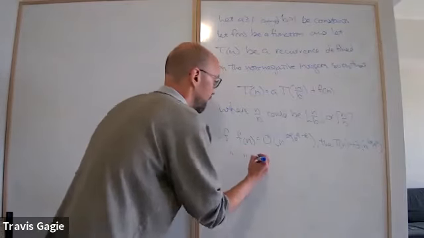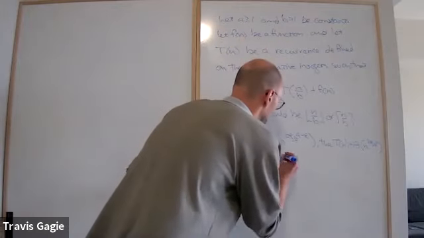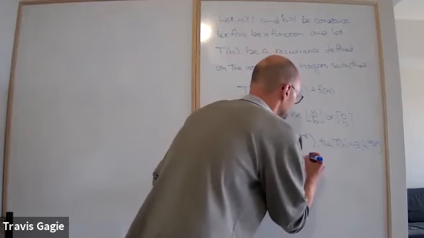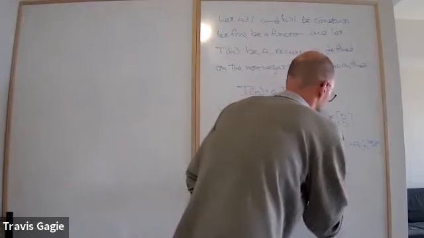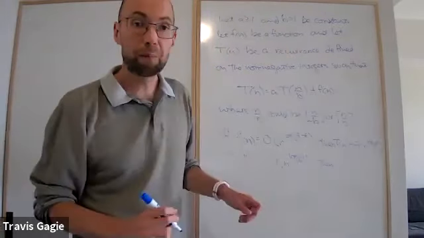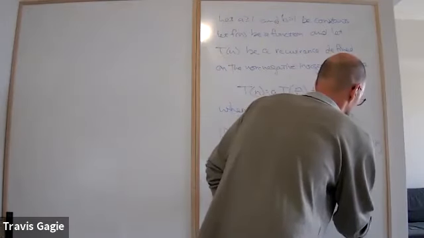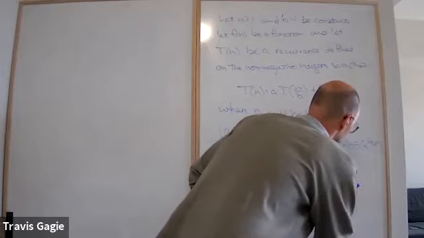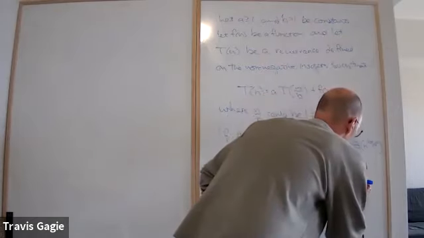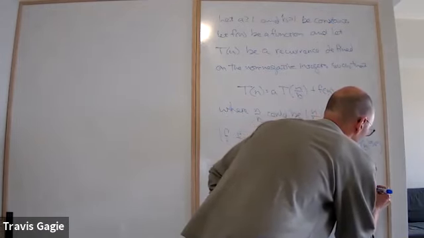If f of n equals theta of n to the log base b of a, then T of n equals theta of n to the log base b of a times log n.